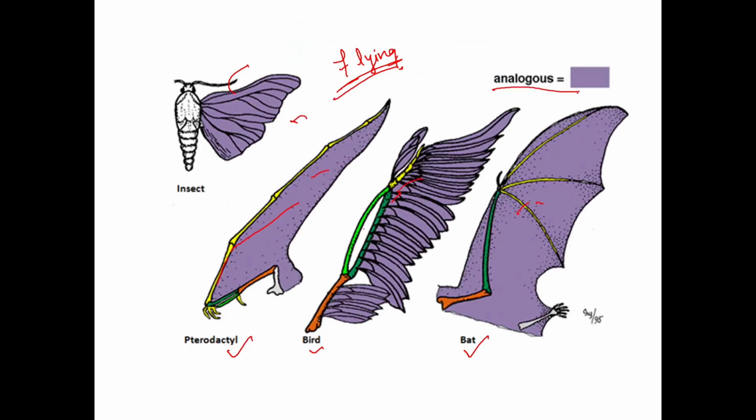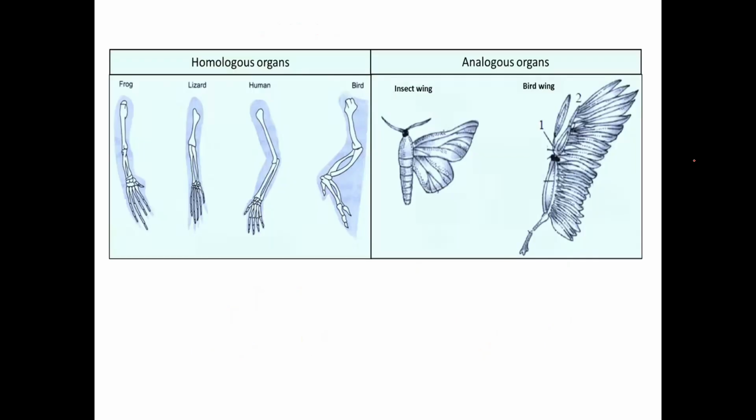That set of organs is called analogous organs. So the wings of a bird and the wings of an insect both help in flying but are made differently. Look at the difference between homologous and analogous: insect wing and bird wing perform a similar function but differ in structure and origin, whereas homologous organs have different functions but a similar origin.